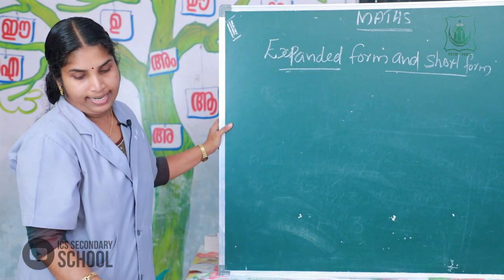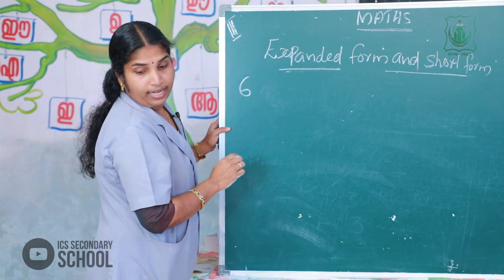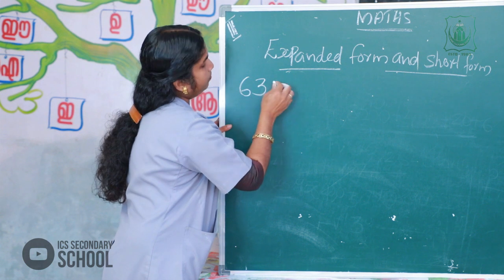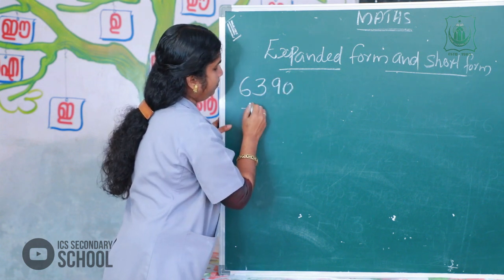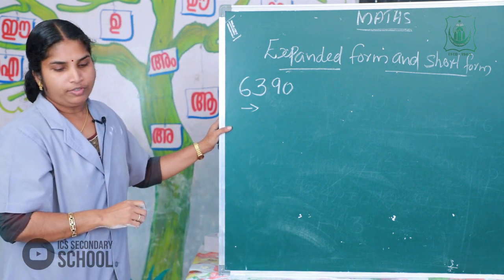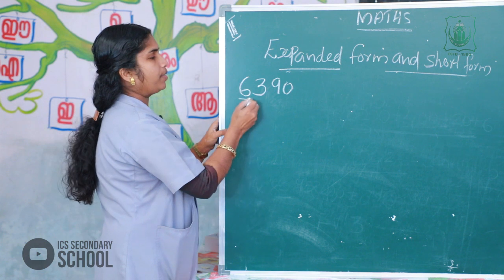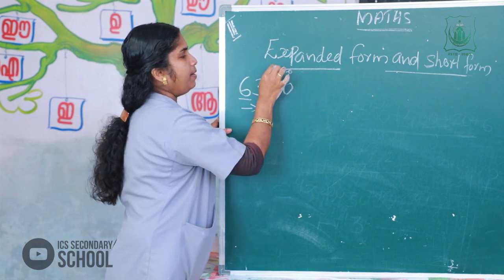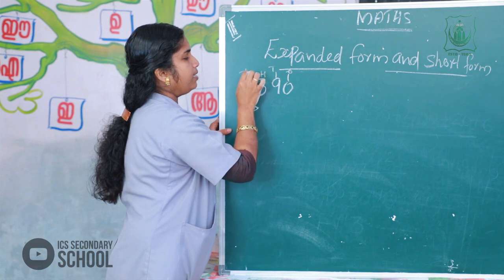Okay, write the expanded form of 6390. First of all, the place values: 1 place, 10 place, 100 place, 1000 place.